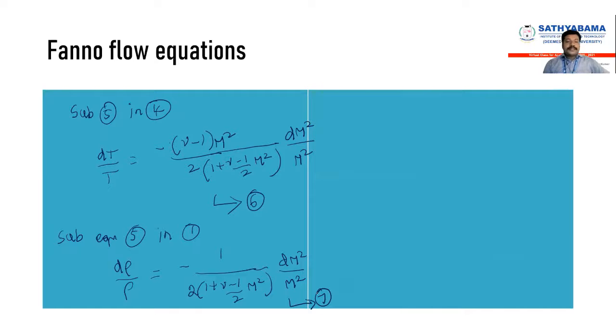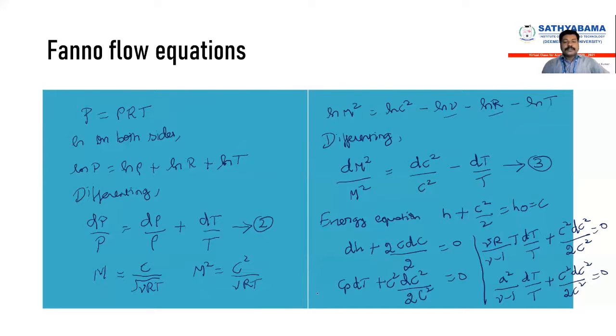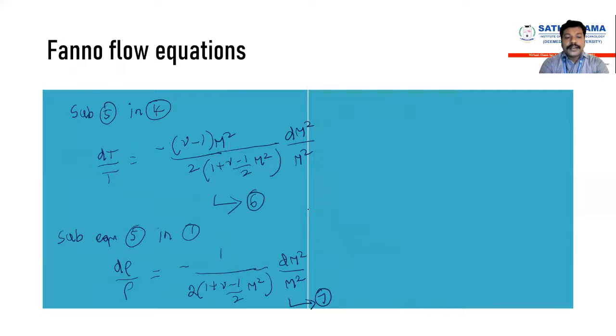So we obtained equation number 6 and 7, and we are going to substitute these in equation number 2. What is your equation number 2? dp by p is equal to d rho by rho plus dT by T. So just add these two terms. Substituting equation number 6 and 7 in equation 2, what is your dp by p?